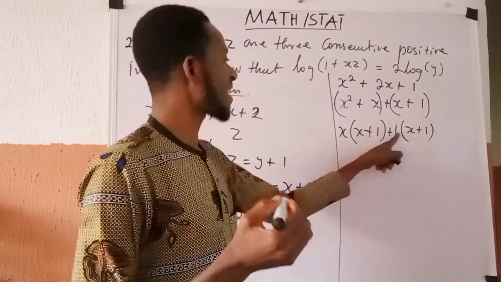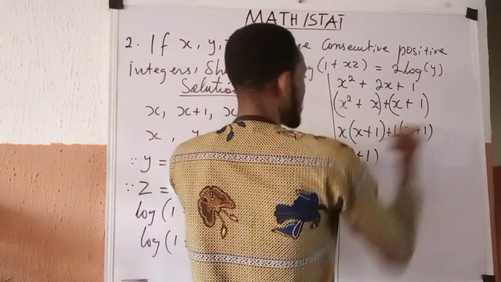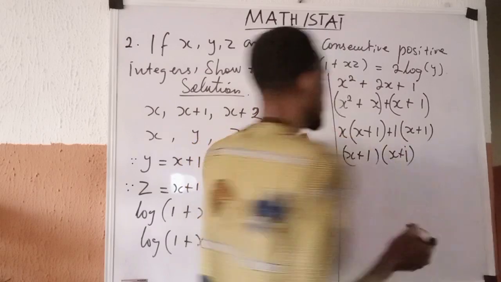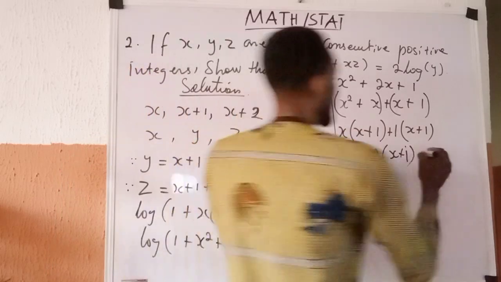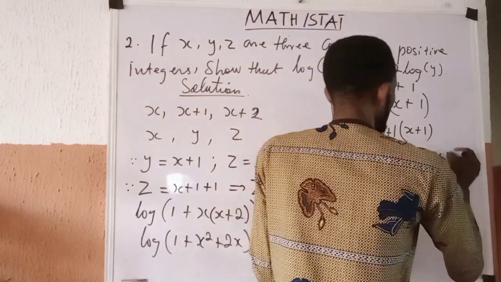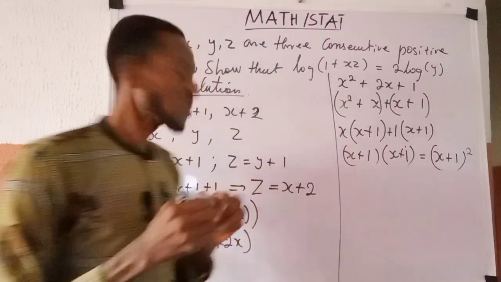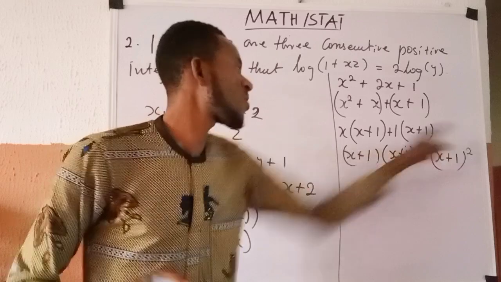So I will take this x and this 1, which is x plus 1, and take any of the brackets, which is x plus 1. Of course, x plus 1 times x plus 1 in mathematics can be written as x plus 1 all raised to power 2. So the whole of this thing has become x plus 1 all raised to power 2.